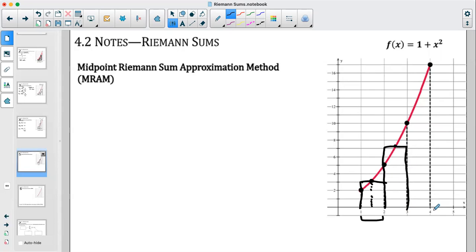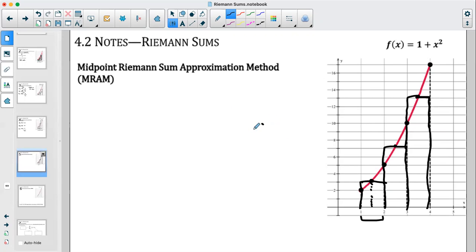And in this case, they're certainly not going to be. So I'm just kind of sketching these. It doesn't really matter if you have a good sketch or not, but it's nice to see and get the idea that we're missing this part of the area, but gaining this part, and those are close. So the goal here is to get to a place where our approximation looks more like the area under the curve.